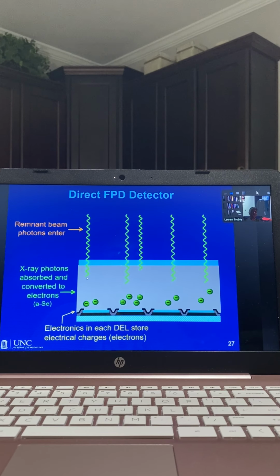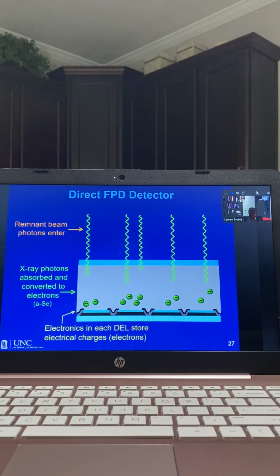So when the X-rays come in, this is amorphous selenium, and it will take those X-rays and end up converting those X-rays into electrons. So in other words, we've got ionizations that take place with the amorphous selenium, and so we get all of these electrons that are produced. And then the electrons in each DEL, because we're looking at a cross section basically.